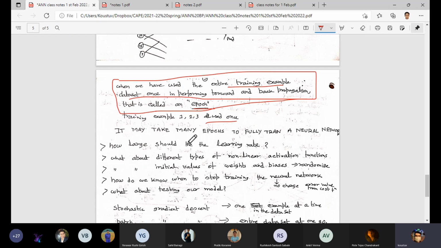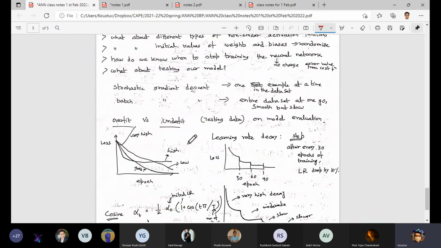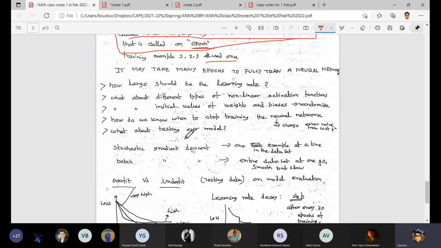That further generates some questions for us. First, how large or how small should the learning rate be, what should be the desired value of the learning rate? This is very important.